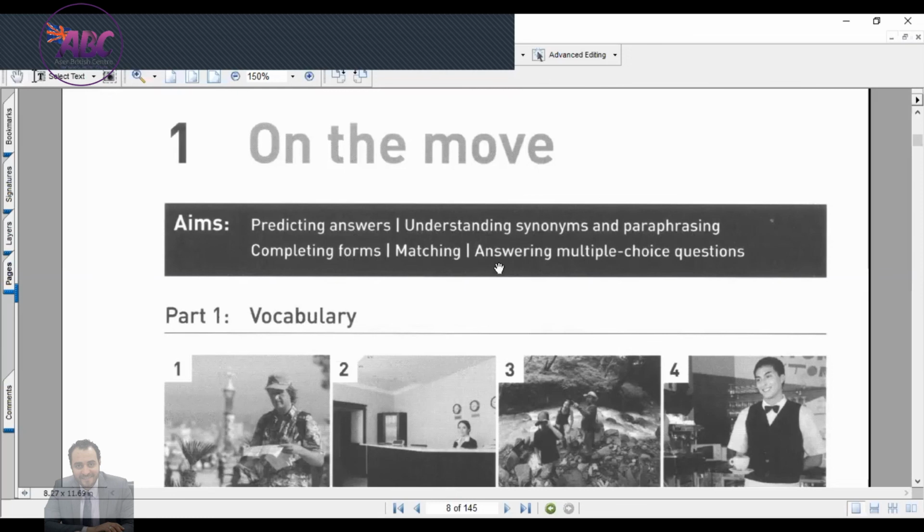Completing forms, matching and answering multiple choice questions. So this unit also covers 3 kinds of questions that come in IELTS. Of course, the next unit will have different kinds of questions to practice and rehearse on. So the first one here is only about vocabulary.